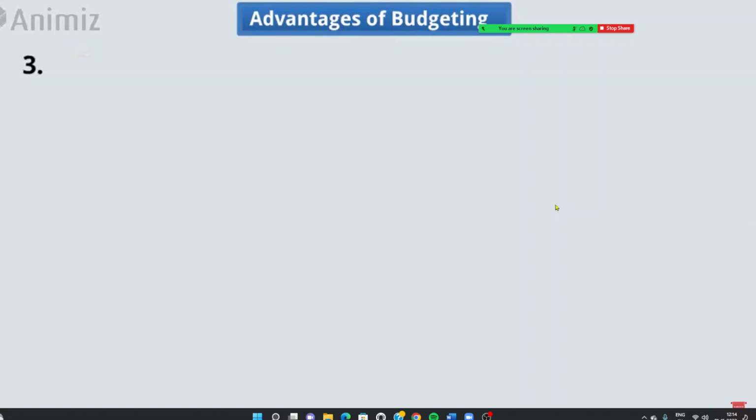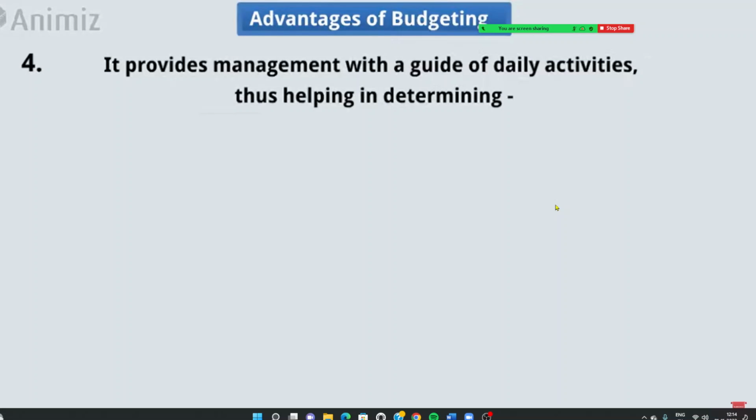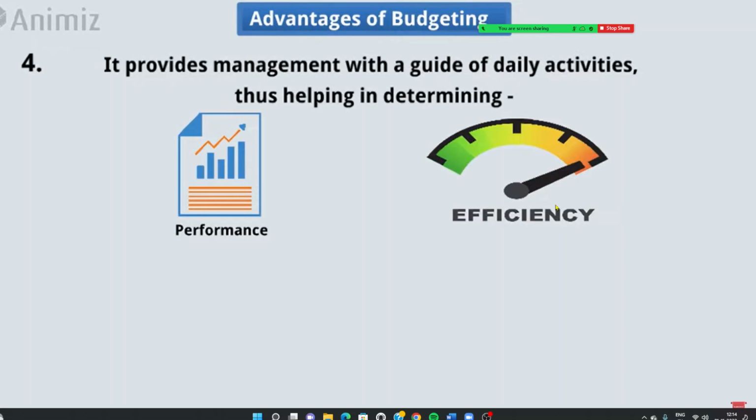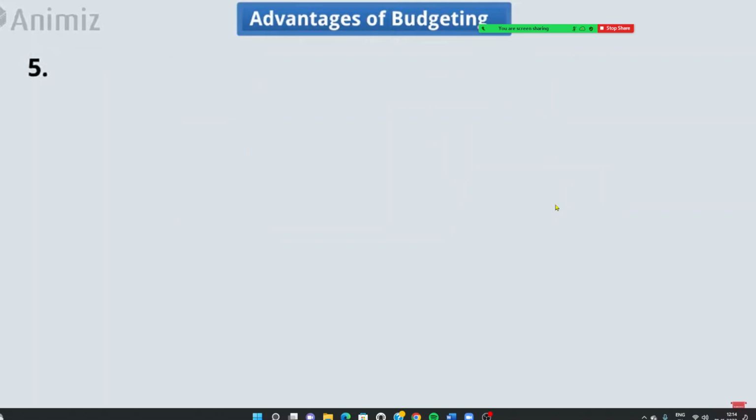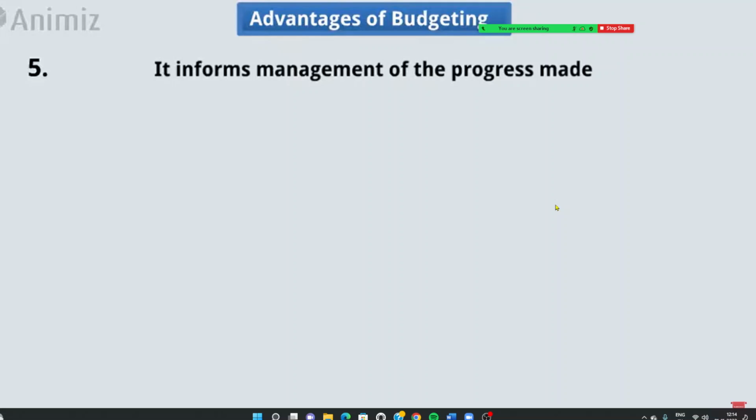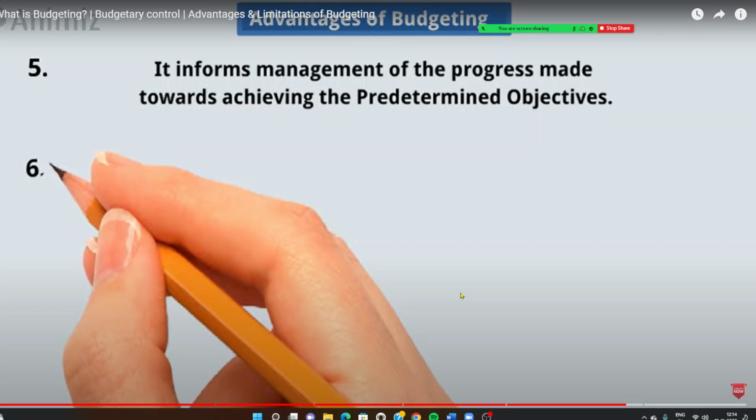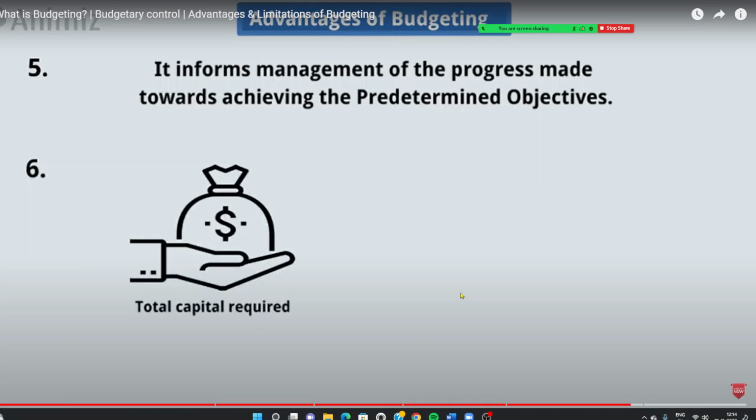The targets, goals and policies are clearly defined. 4. It provides management with a guide of daily activities, thus helping in determining the performance and efficiency of each department, thereby leading to improvement. 5. It informs management of the progress made towards achieving the predetermined objectives. 6. Total capital required and price of an item can be estimated in advance.